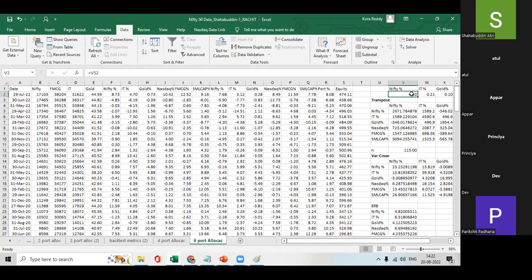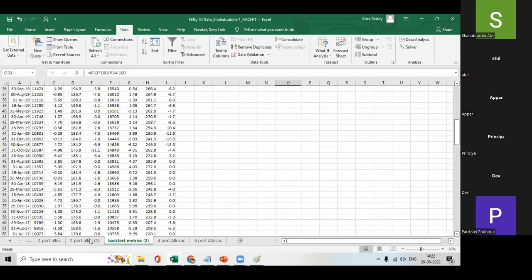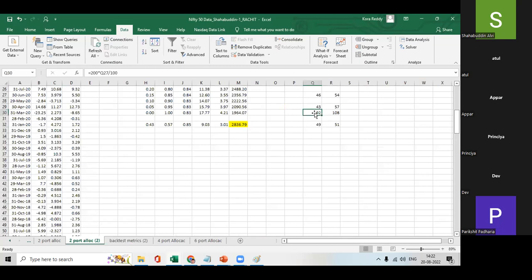But how can we rebalance without booking it? That's what I've shown you here. My ratio was 43:57. Next year it became 46 and 54. I'm bringing 100, so I will only buy 49 and 51. Okay, got it. Thanks.